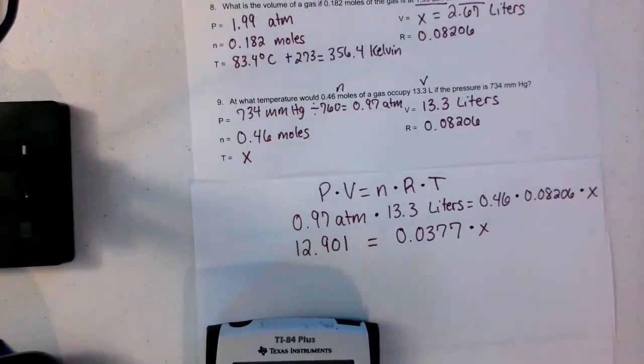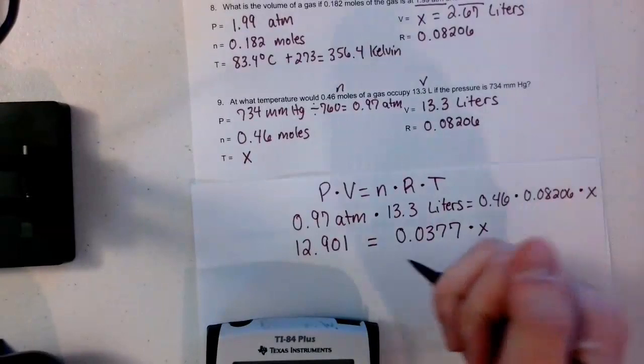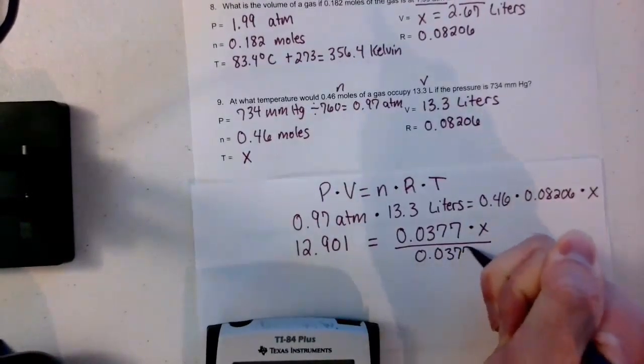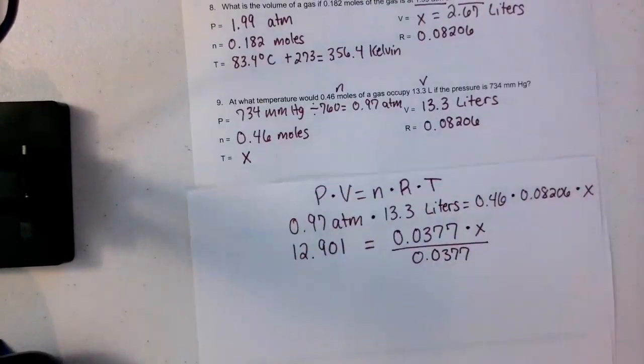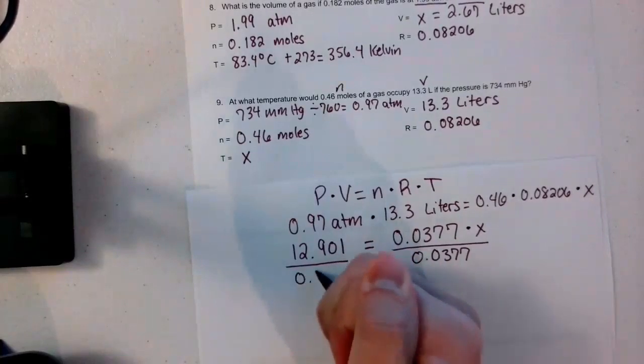And now to get the X by itself, since this is multiplication, we have to do the opposite of multiplication, which is division. So I'm just going to divide this side by 0.0377 to get the X by itself. And then whatever I do on one side, I have to do on the other side.